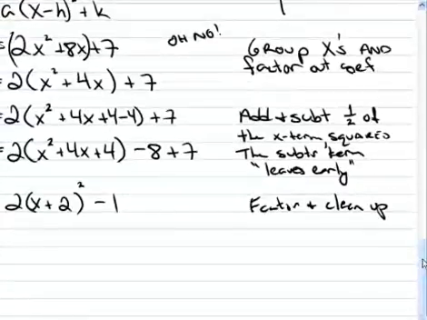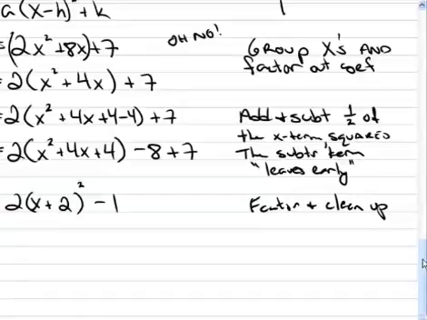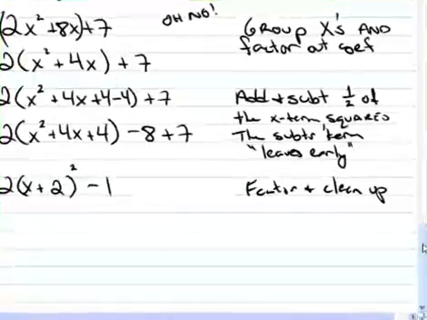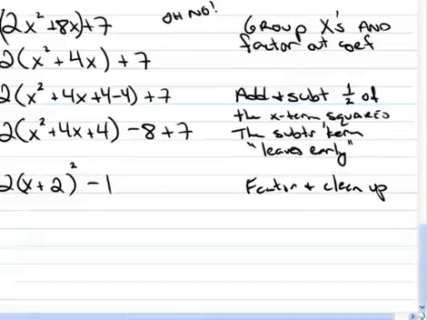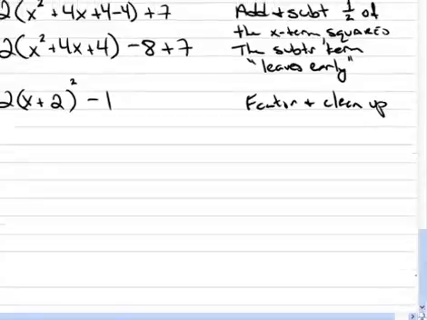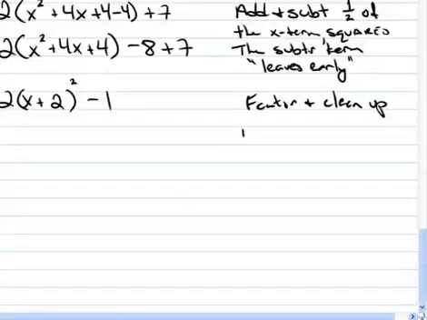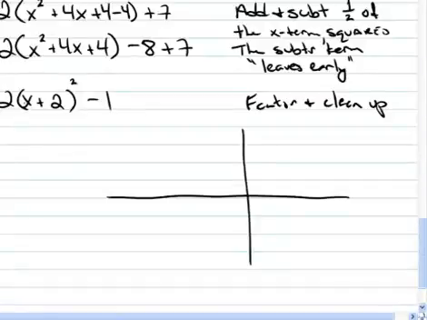So what we've done is taken a general form quadratic and put it in standard form, which allows us to read the vertex and axis right out of the formula. So we could sketch it. This is something squared.